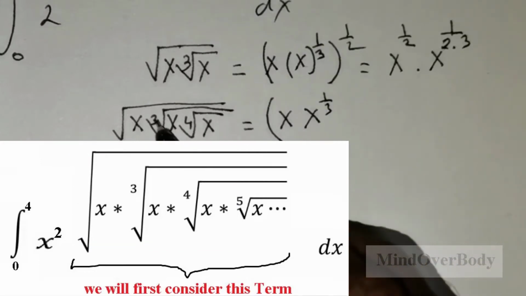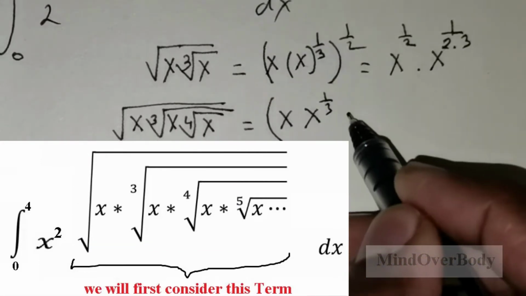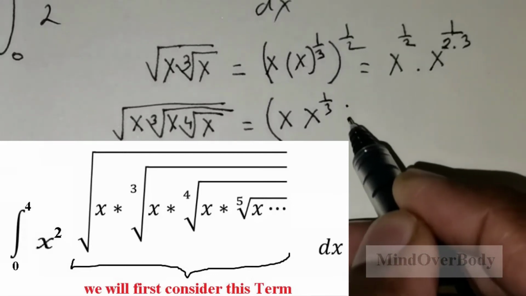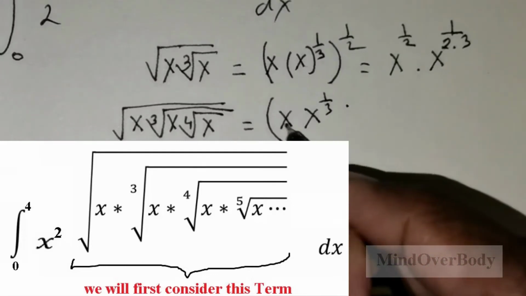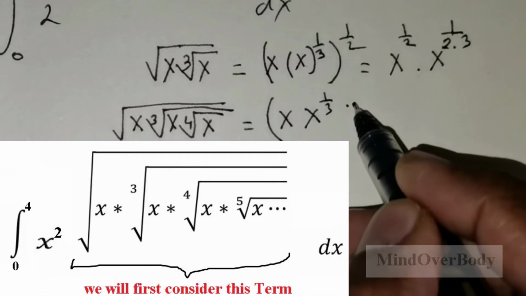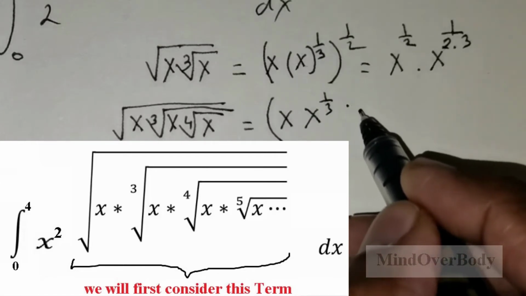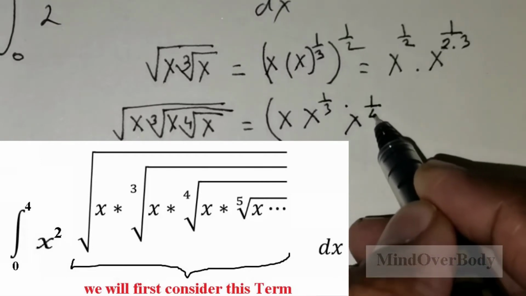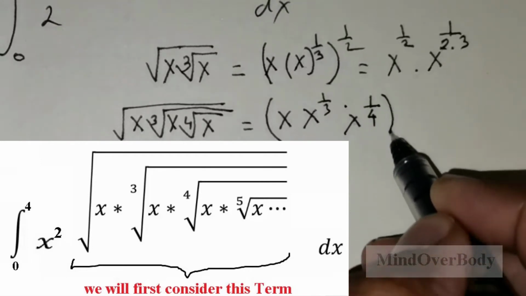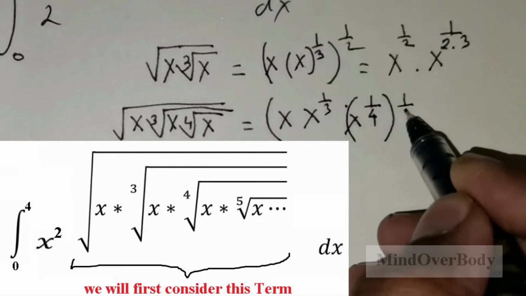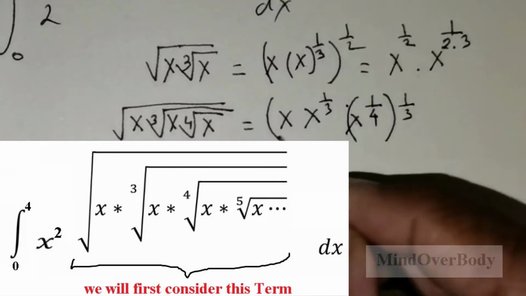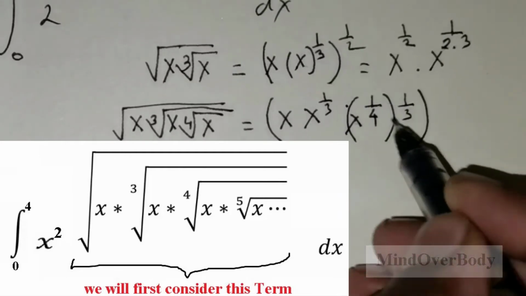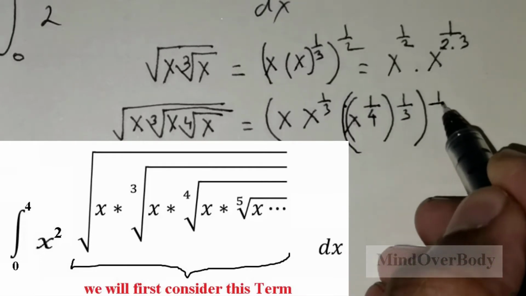The fourth root of x is present within the third root of x, so that's going to be rewritten in the following fashion: 1 over 4 raised to the power 1 over 3, and that has to be raised to the power of 1 over 2.